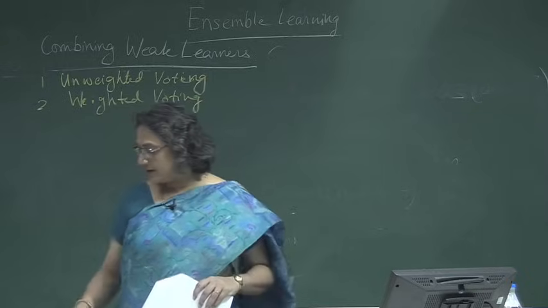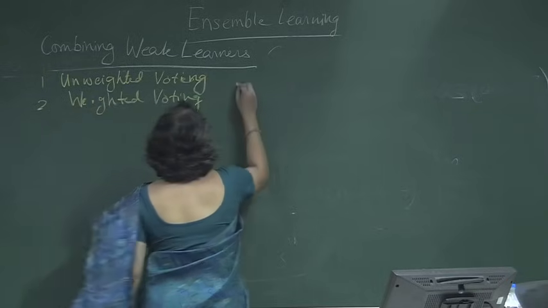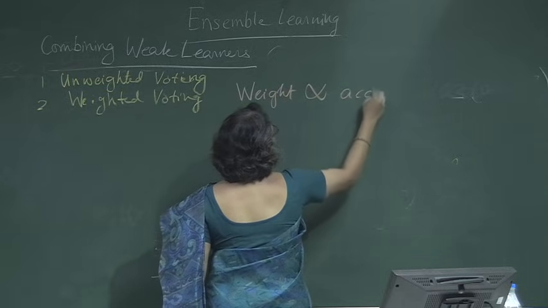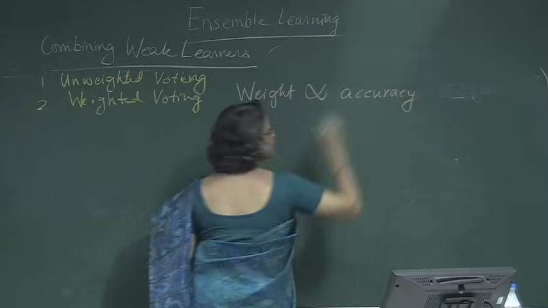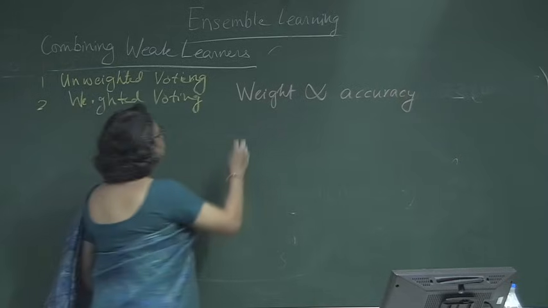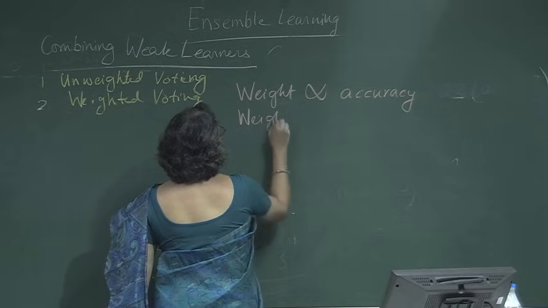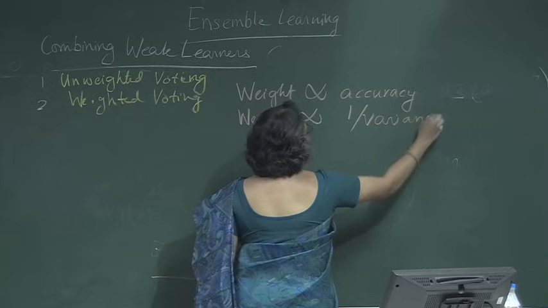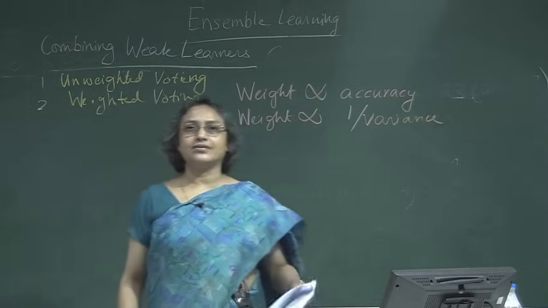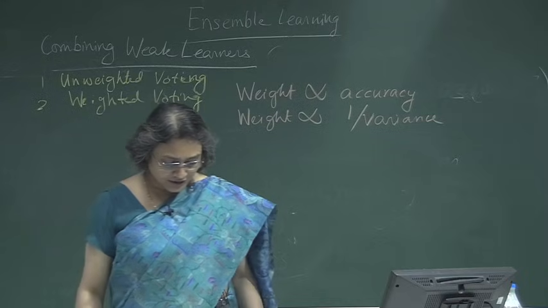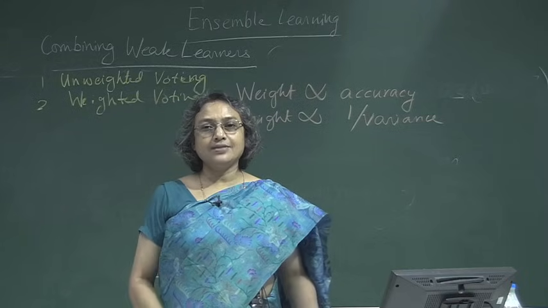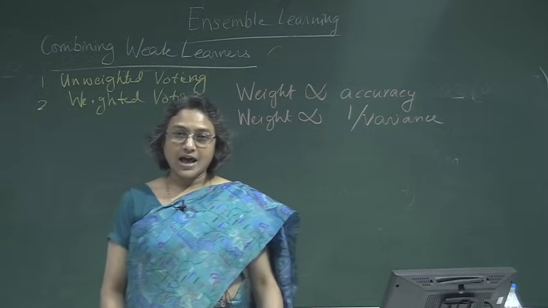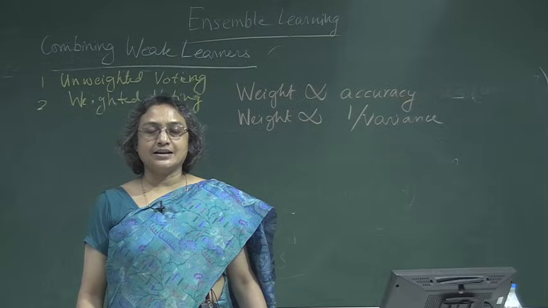And how can we give the weights? The weight can be proportional to the accuracy of the classifiers, or proportional to 1 by variance. The lower the variance of a classifier, the higher the weight we can give it. So, there are different ways in which we can weight the classifiers. We can also give them weight based on their probability of being correct, which is related to accuracy, and this is what is done in Bayesian classifiers.